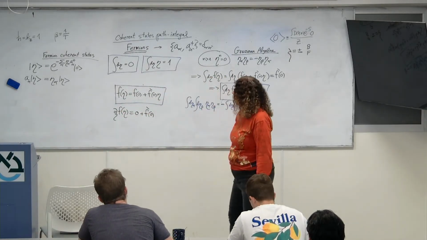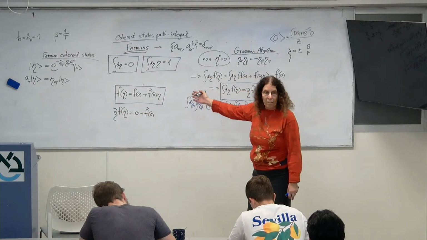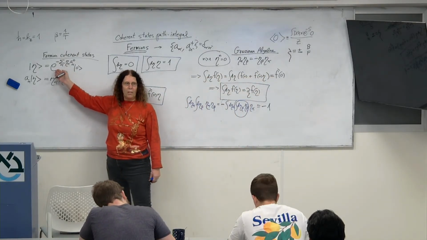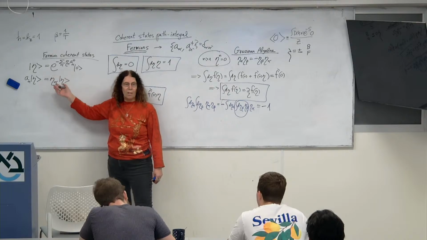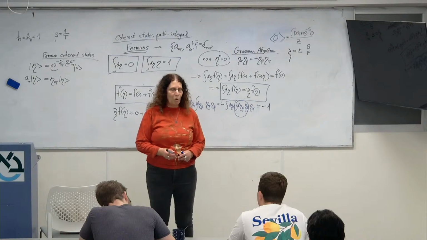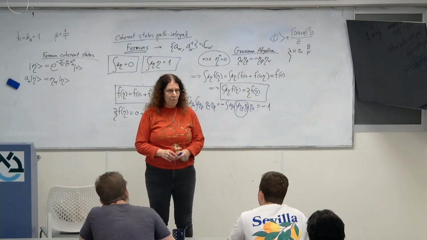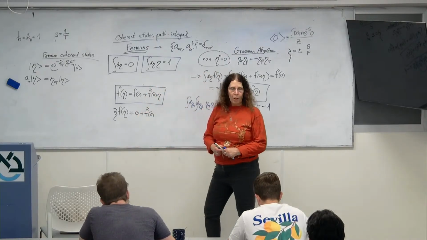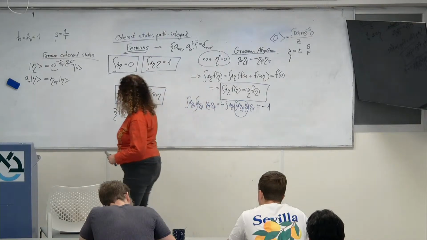And by the way, how to do the calculation? Expand it to a Taylor series. Take into account the fact that it actually has only linear order, right? So it's actually very simple. Okay? All right, so we can define the coherent states.